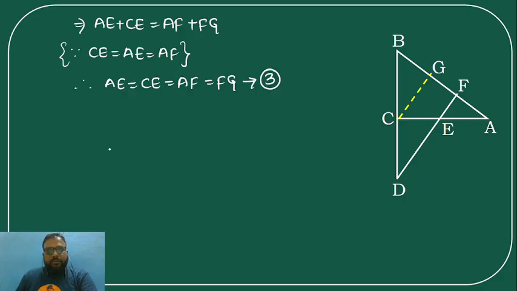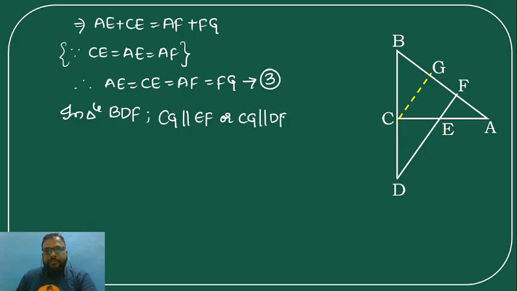Okay, now we can see a triangle BDF. So in triangle BDF, CG is parallel to EF, of course, DF. Or else I can use the word that CG is parallel to DF.